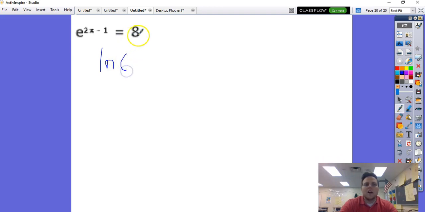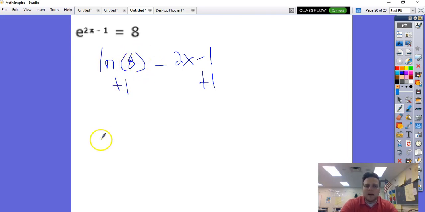So the natural log of 8, you take your argument over there, is equal to your exponent, which is 2x minus 1. Well, now this is an easy problem. I just need to finish solving for x. So I need to add 1. Do not say 9. This 1 cannot go inside the natural log of 8. This 8 is trapped by the natural log.